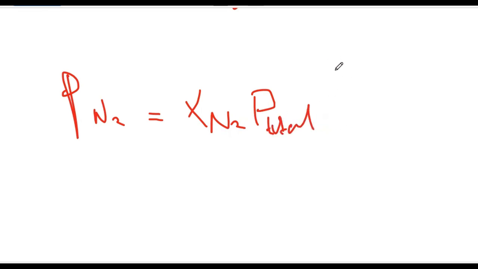How are we going to navigate through that formula? The partial pressure of nitrogen should be equal to the moles of nitrogen divided by the moles of nitrogen plus the moles of oxygen.